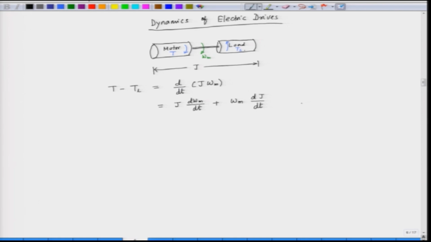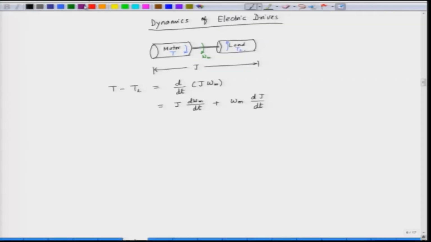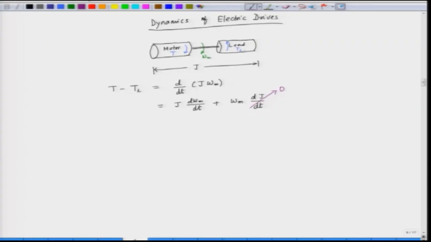And usually the inertia is constant; inertia does not change with time. So, we can assume that this quantity is 0. When we assume that there is no change of inertia, dJ by dt is equal to 0.